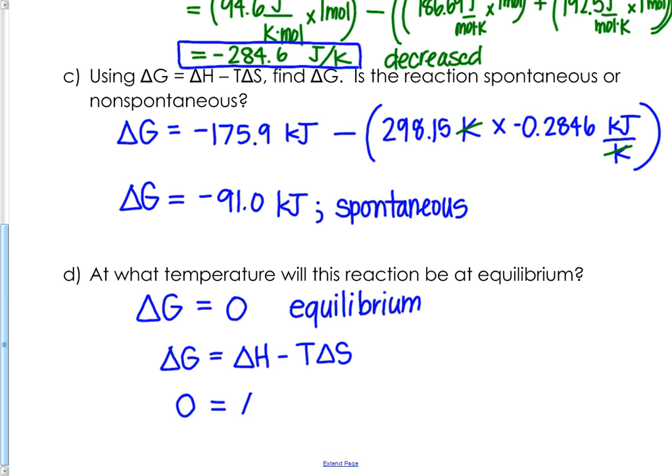And we're going to use our delta H and S values from the previous problems. So if we look back, delta H was negative 175.9 kilojoules. We're solving for the temperature. And the delta S value, remember, keep it in kilojoules, is a negative 0.2846 kilojoules per Kelvin.